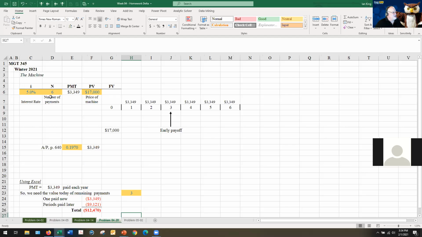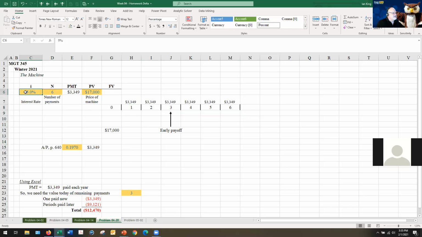Okay, so you basically have a two-step way of thinking about this, and I use this little diagram to show what's going on. If you were just doing a normal annuity, your present value would be $17,000, because you borrowed that right at year 0.